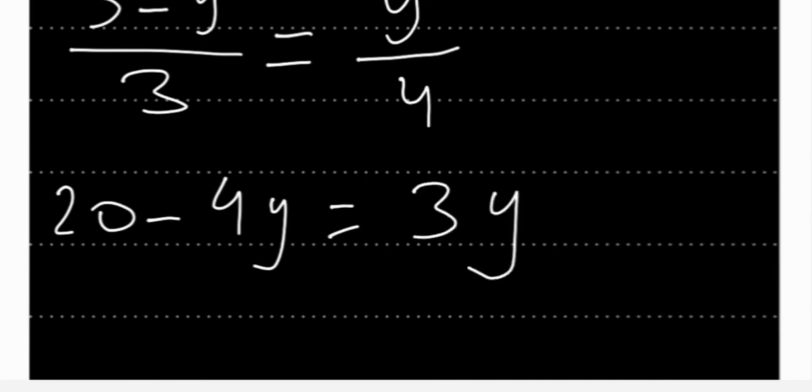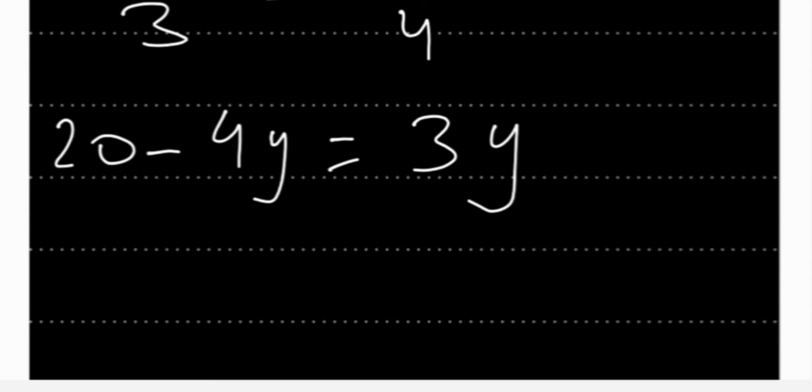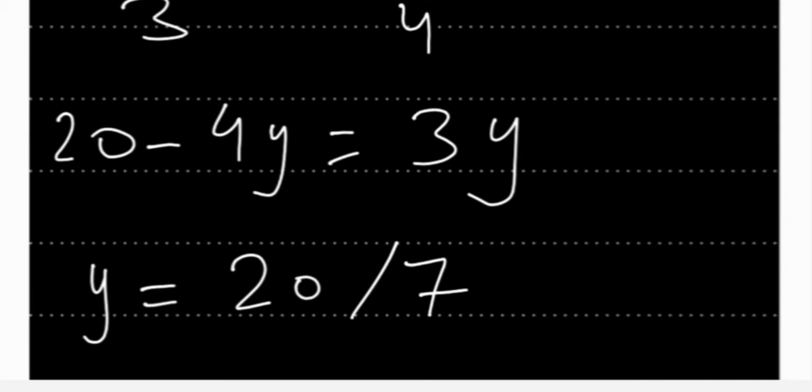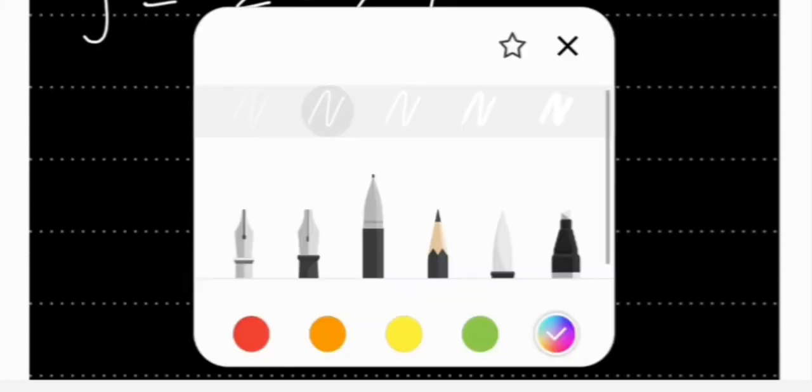So now let's find the value of y, okay? So 4 multiplied by 5 is 20, minus 4y is equal to 3y. I just multiplied like this, okay? So y is equal to 20 divided by 7. So this is the value of y. Now why did I do this?